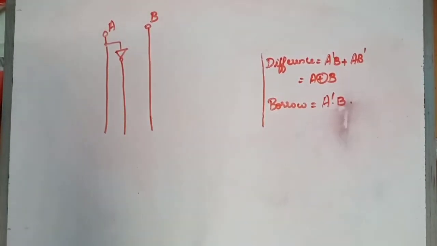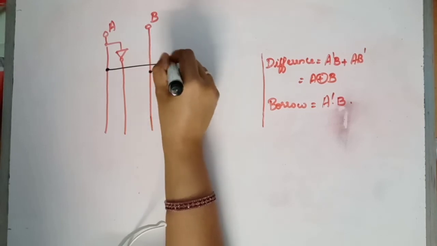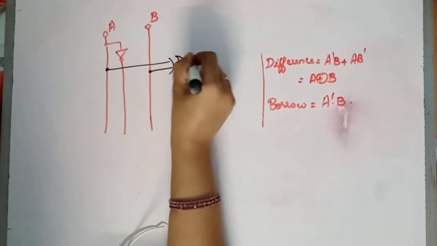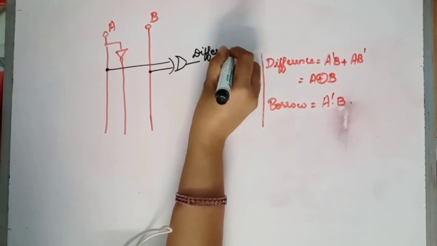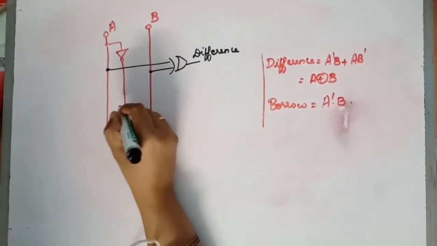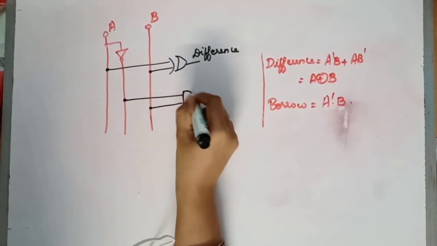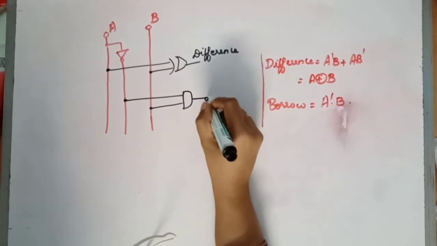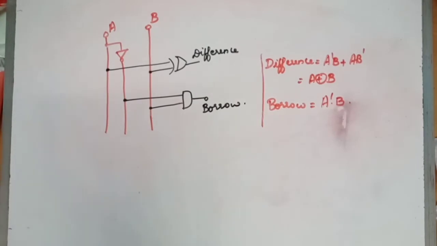So A XOR B will give you the difference, and A bar B will give you the borrow. Right? So this is your circuit.